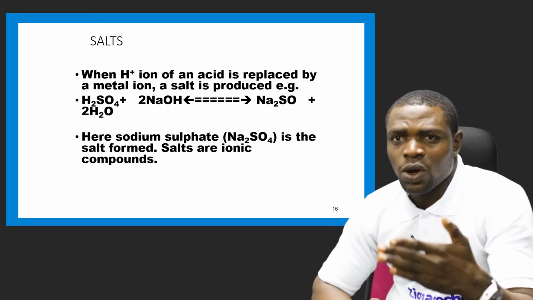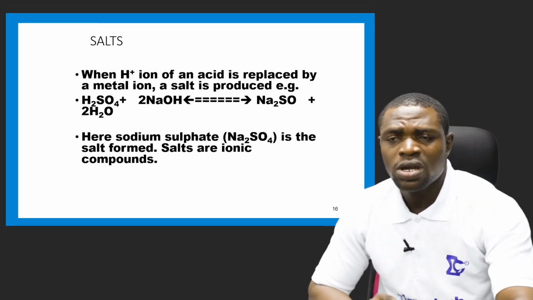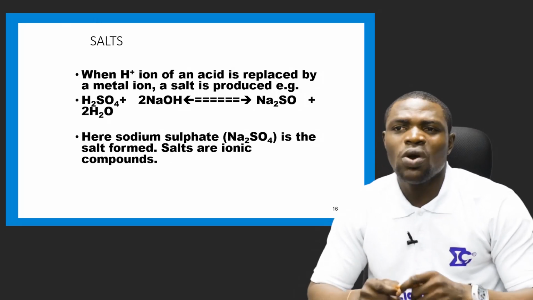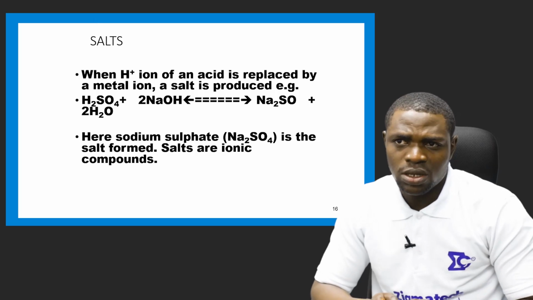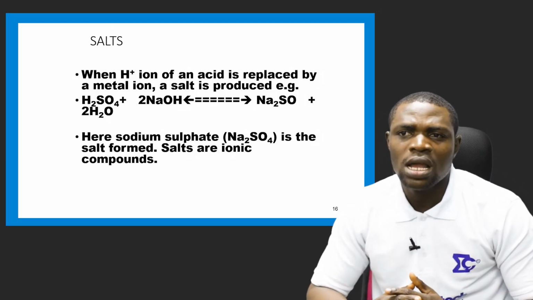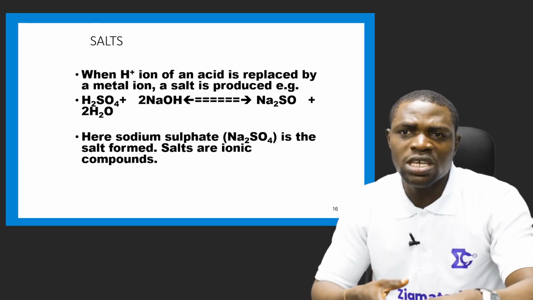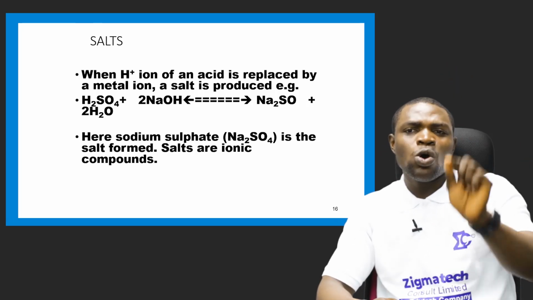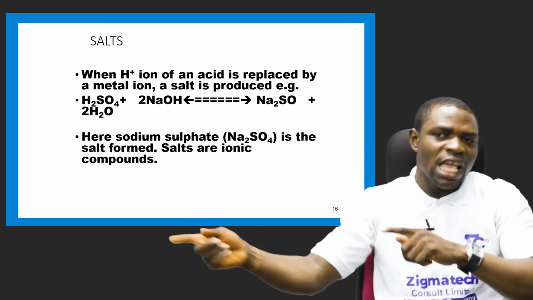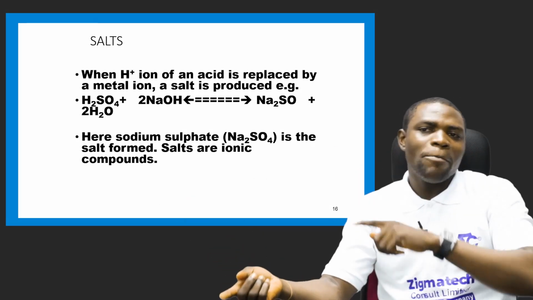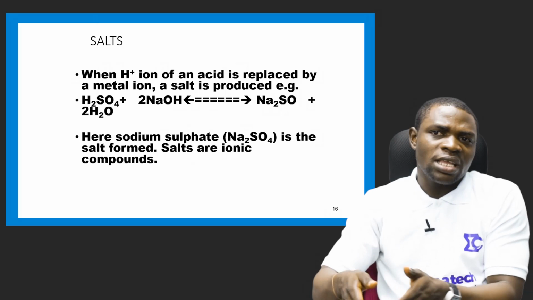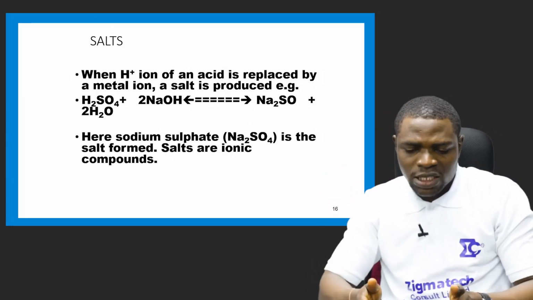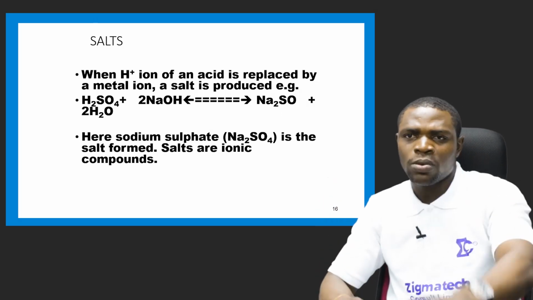When you look at tetraoxosulfuric acid, H2SO4, reacting with sodium hydroxide, then you have sodium sulfate plus water coming together as a byproduct. So it means that the hydrogen ion from tetraoxosulfuric acid has been replaced by what? By sodium. So sodium is a metallic ion. So when sodium replaces the hydrogen ion, that means something is formed. What is formed is salt.